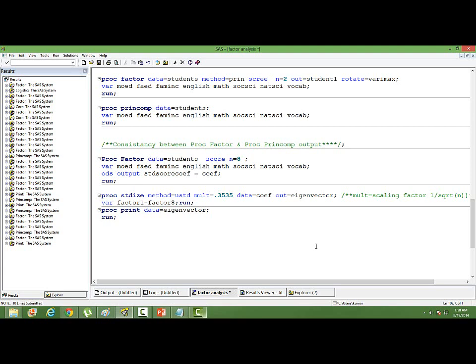When you run both the procs, you will see different factor loadings or principal component loadings, but the groupings don't get affected. So you need not worry. You can use one of them, save your component scores in your output data, and use that in the model. Okay, so that's about principal component analysis.